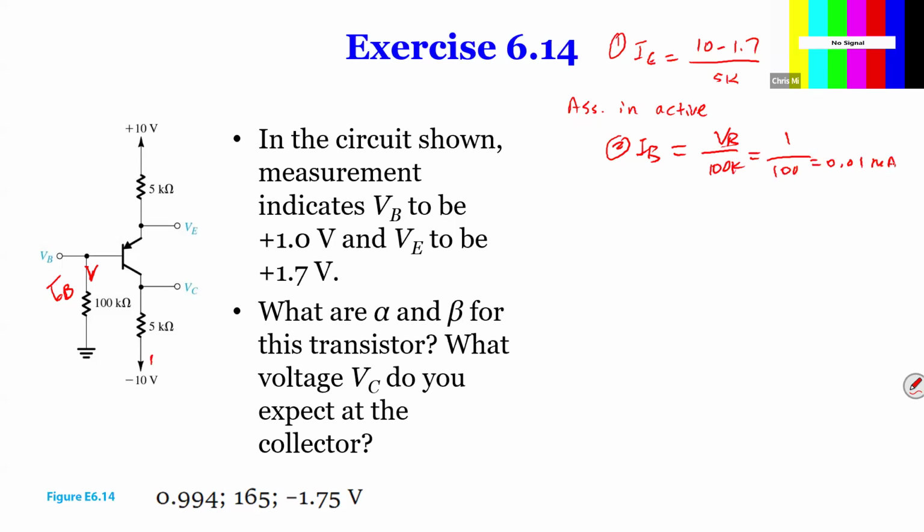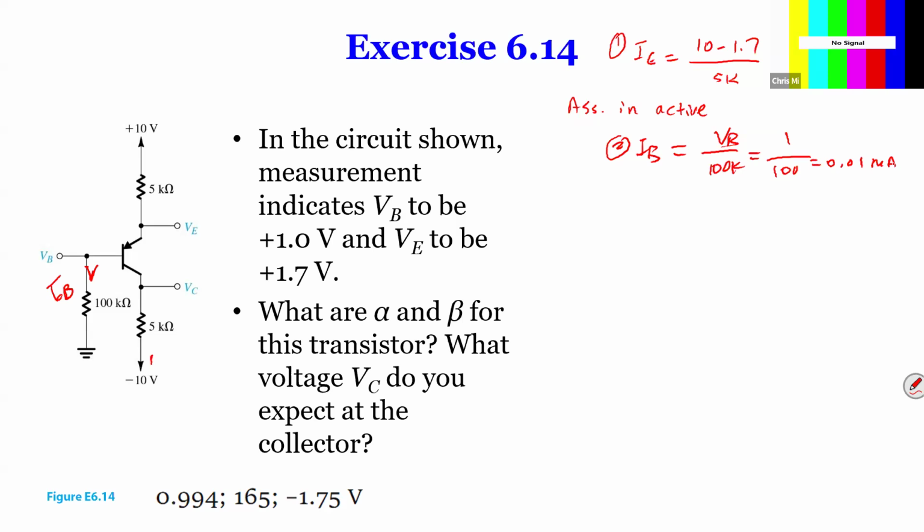Thanks for reminding me. Because VB is given, there's current flowing through the 100K resistance, and because this side is not connected to anything, that current is actually flowing out of the base. So that is IB. We found IB to be 0.01 milliamps.